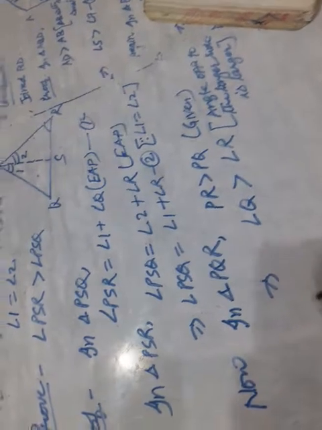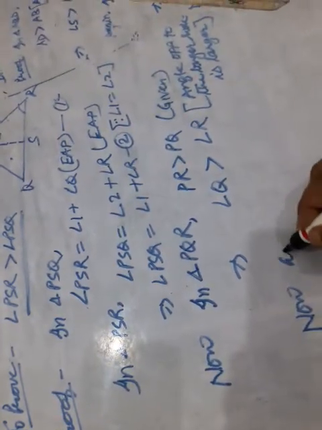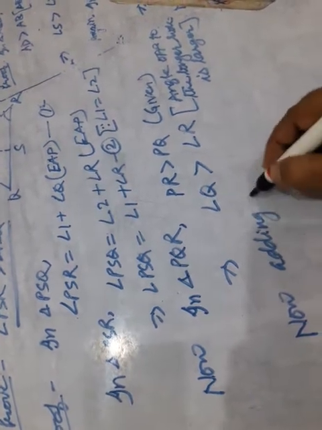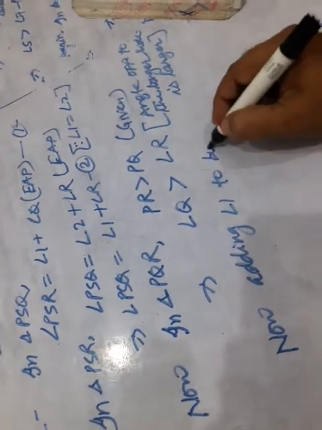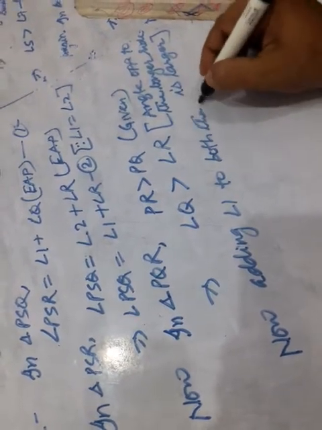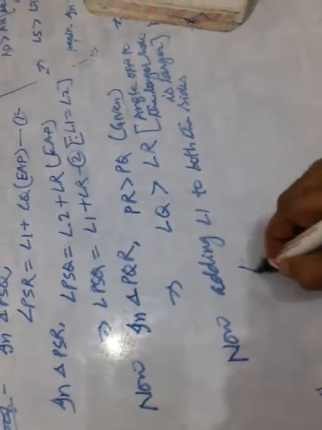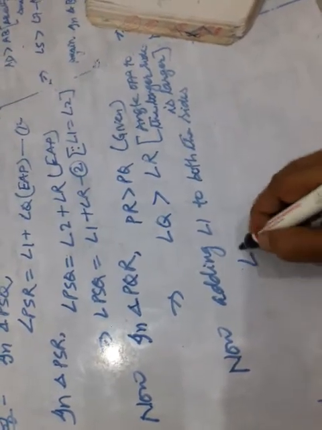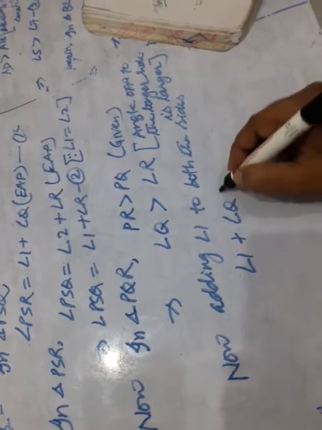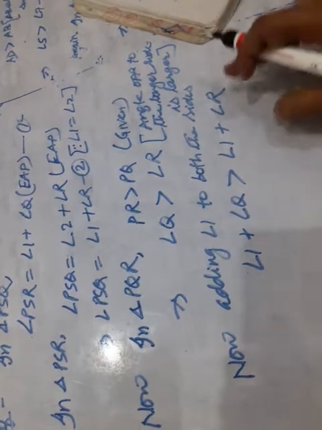Now see the destination, where we have to reach. Adding angle 1 to both the sides, that is angle 1 plus angle Q is greater than angle 1 plus angle R. We have added angle 1 to both the sides.